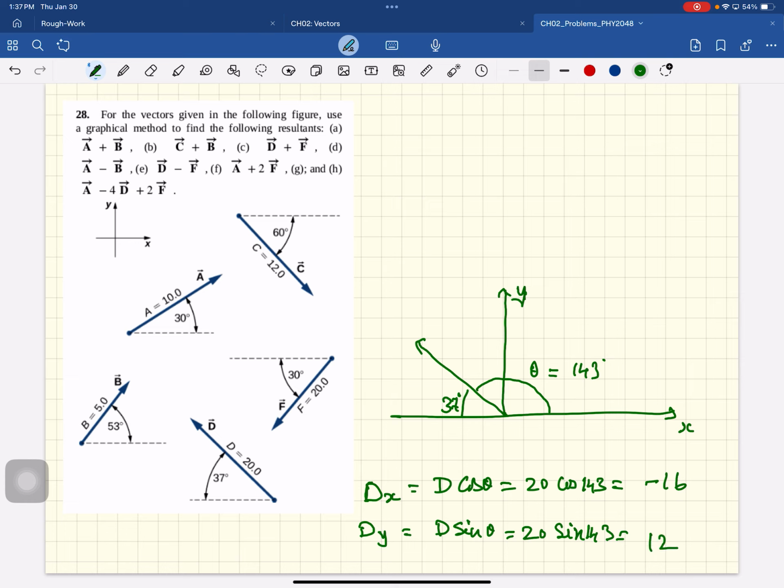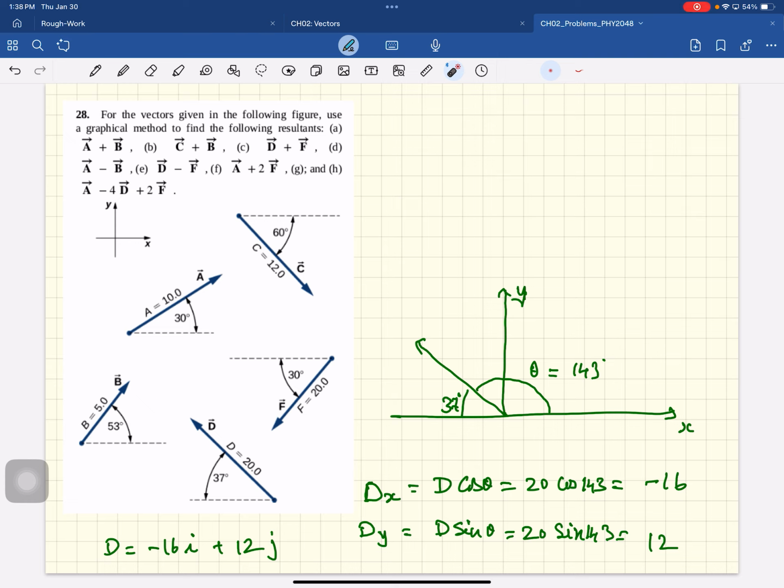So what does this mean? The vector D is minus 16I plus 12J. What that means is you go minus 16 units there and plus 12 units there. So the vector is in the second quadrant.